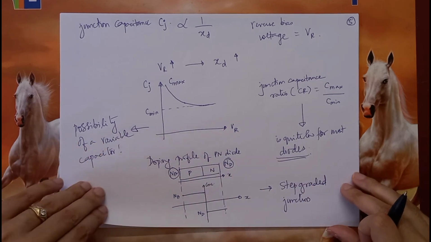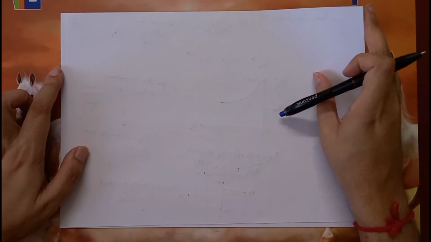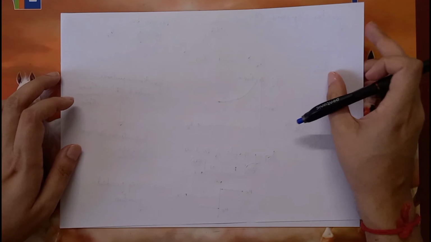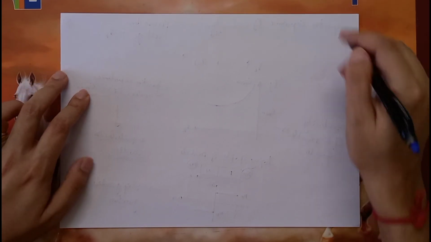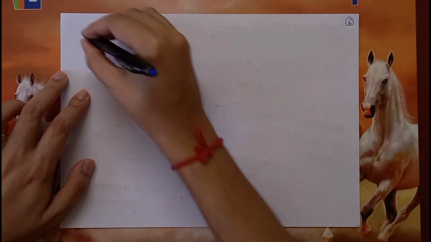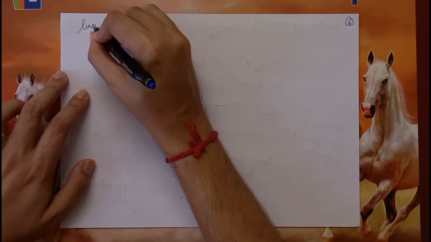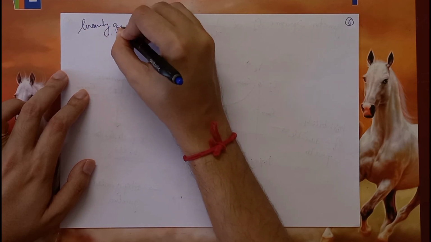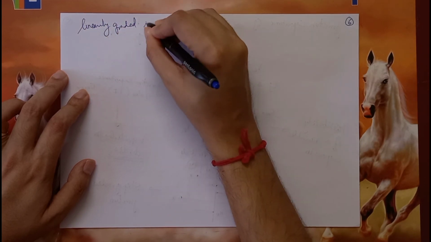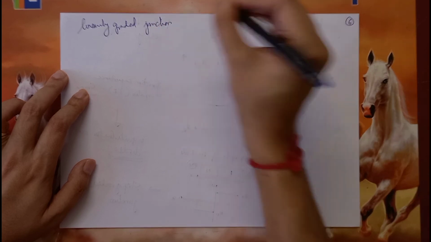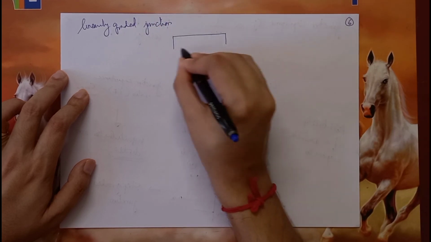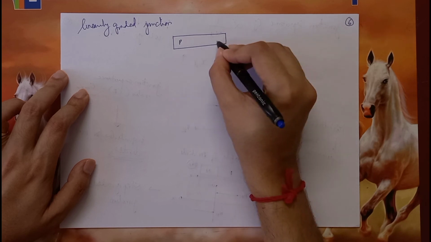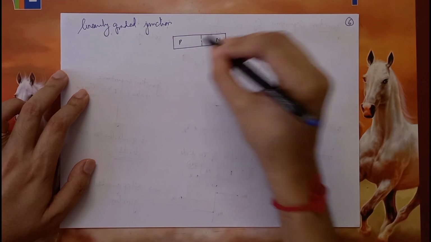There are other kinds of doping profiles also which result in different junctions. I'll tell you one more example. And that is what is called a linearly graded junction. Wherein again you have a PN, but the doping is essentially done in a little different way.